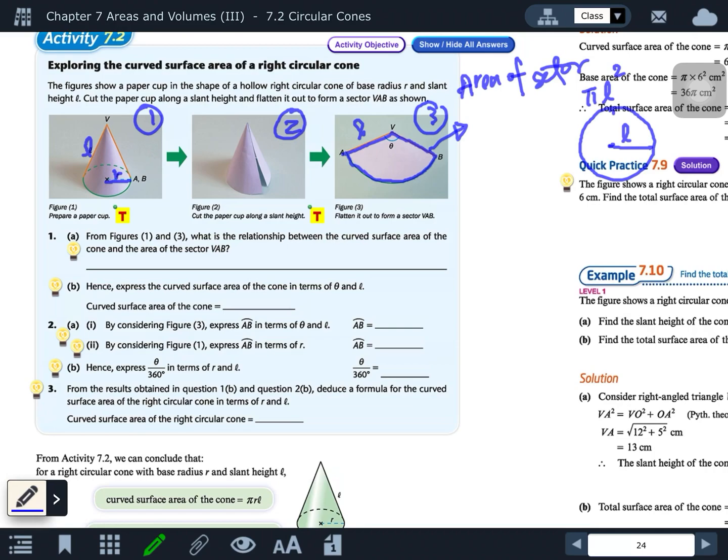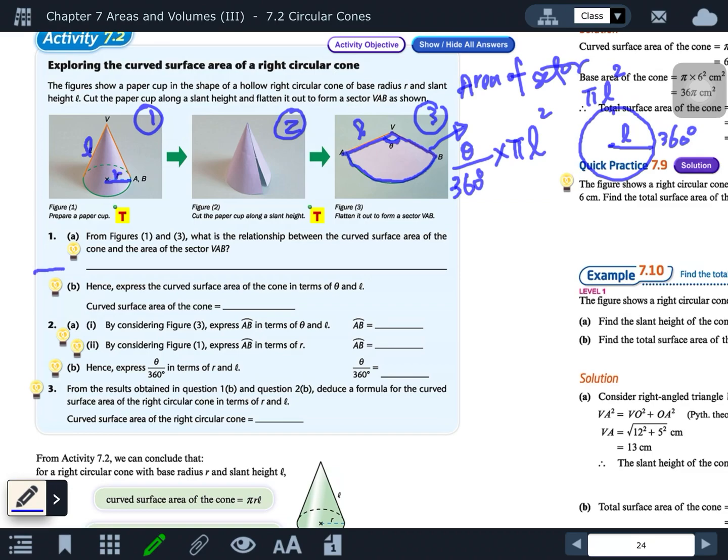But now, because the whole circle is 360 degrees, we just calculate this part for theta degrees. So we get theta over 360 degrees times pi r squared. In this case r is L, so theta over 360 degrees times pi L squared is the curved surface area.